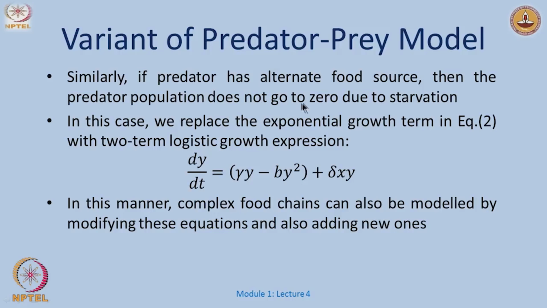So, I would account for that in dy by dt. This takes into consideration my increase in population because of the small fish. I modify this a little bit to take care of the natural death, minus b y square, and this is the increase in population when they come into contact with some other food, not the mess food. So, in this manner we could model complex food chains.